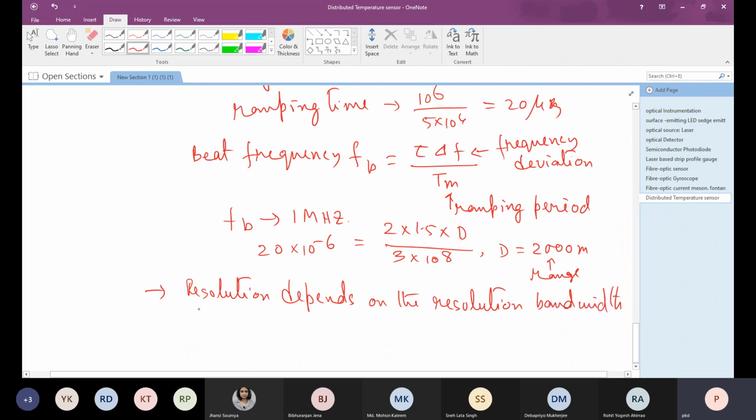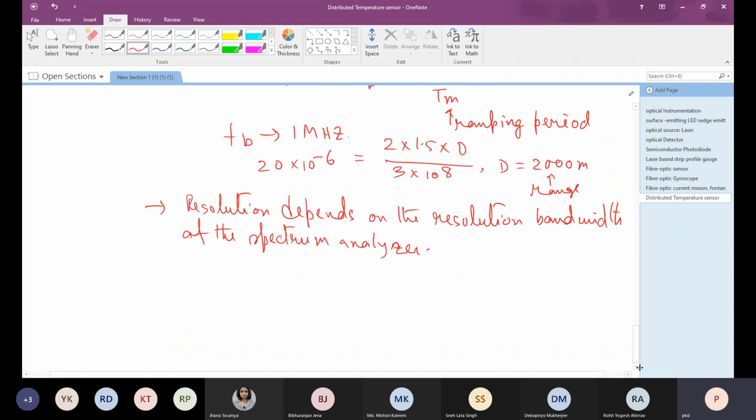It depends on the resolution bandwidth of the spectrum analyzer or the spectrum estimator. So typically if we take a range of 1 megahertz, easily we can resolve say 1 kilohertz or so.